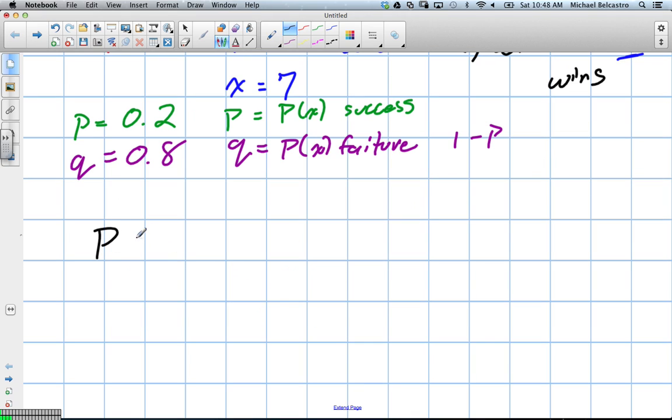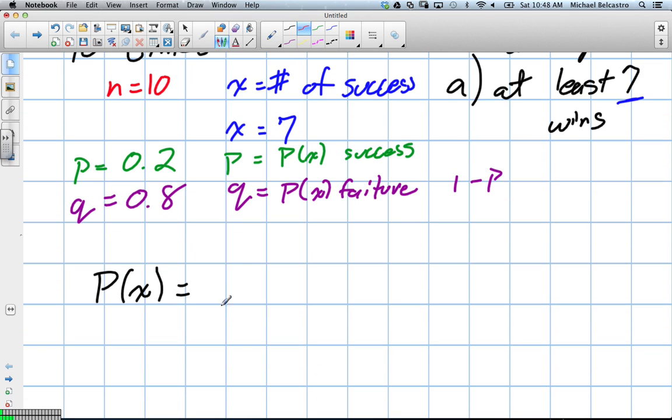The probability of this event is such that we have 10 trials, right? So it's a 10 combination. We want to win 7 times, multiplied by our probability of success, which in this case is 0.2, and we will expect to have 7 successes, multiplied by the probability of failure, and we expect to have how many failures?